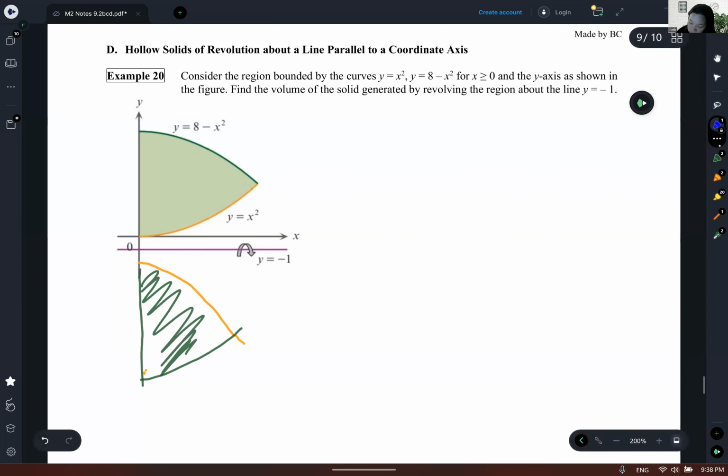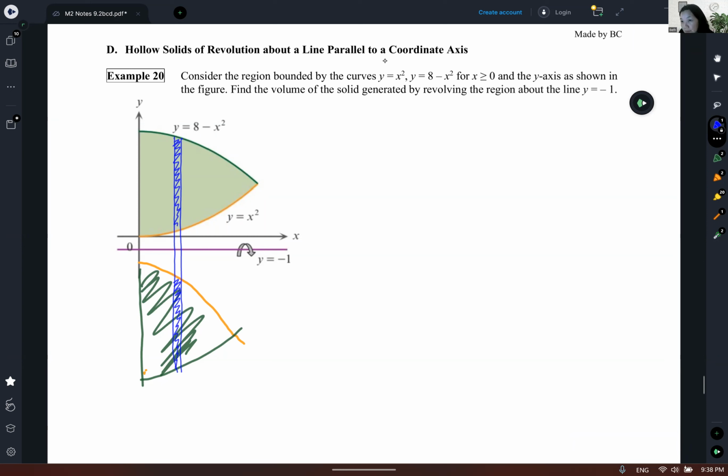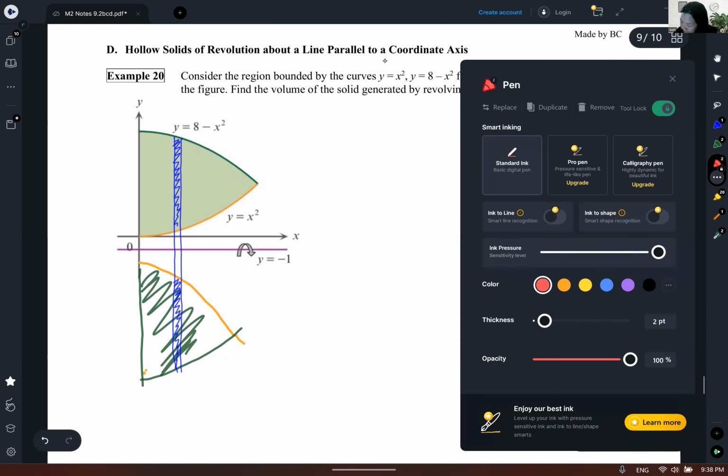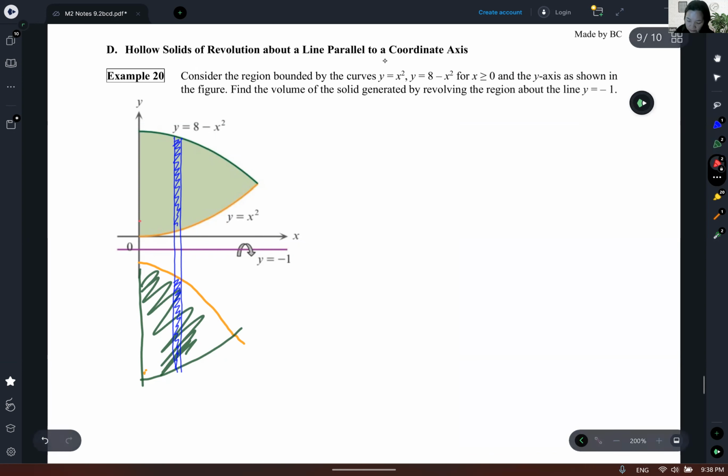Now what I'm cutting is this piece and this piece. It's a ring. And I also need the boundary. I know this side is 0, so from 0 to this, I need this one as well, the boundary.